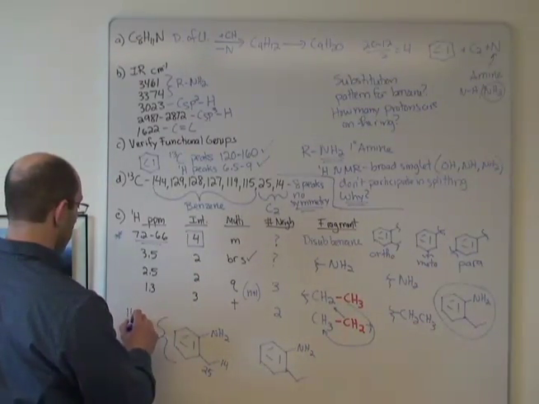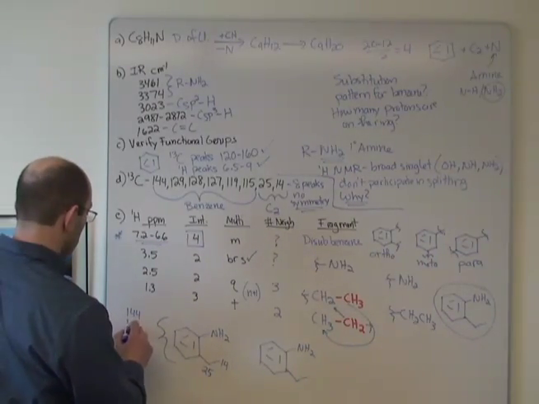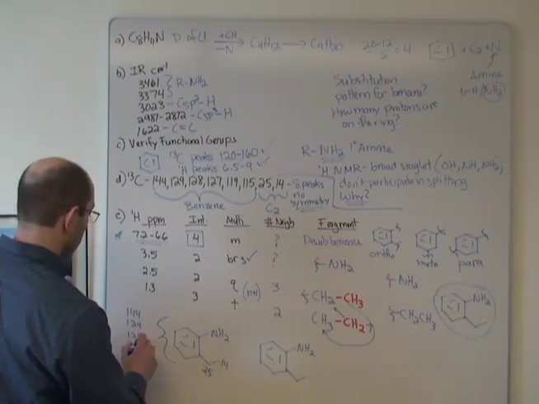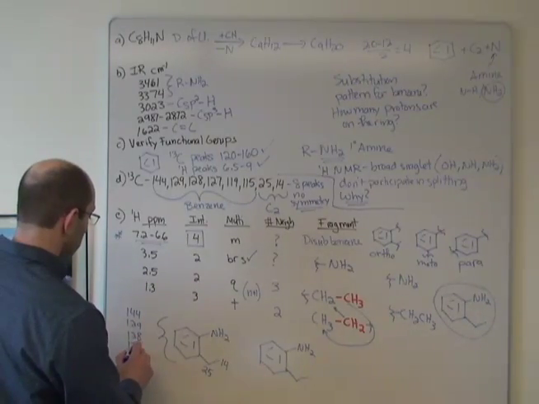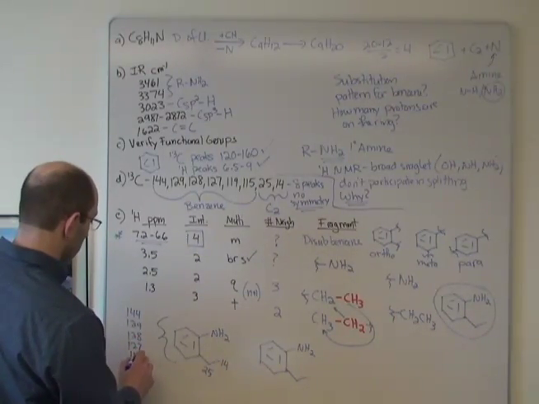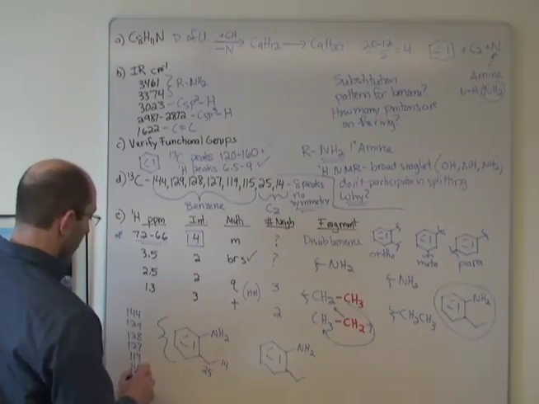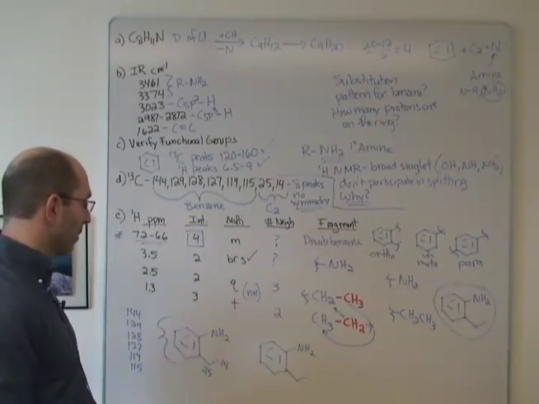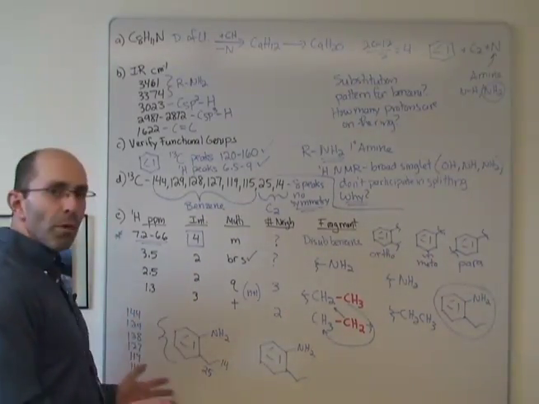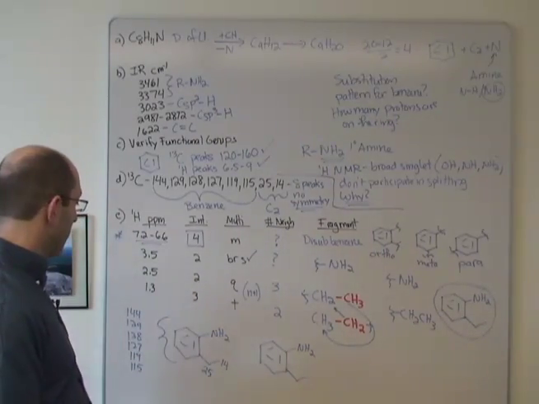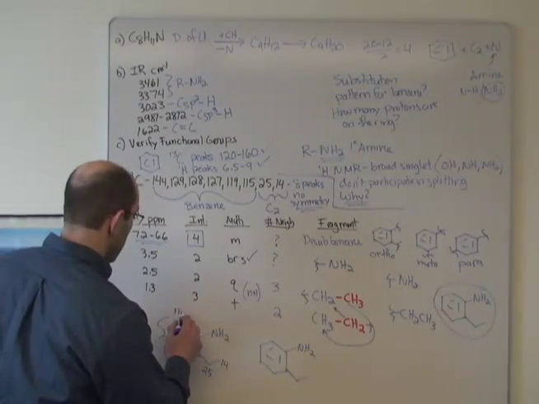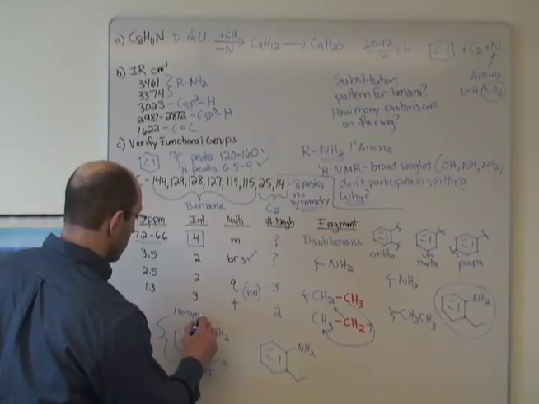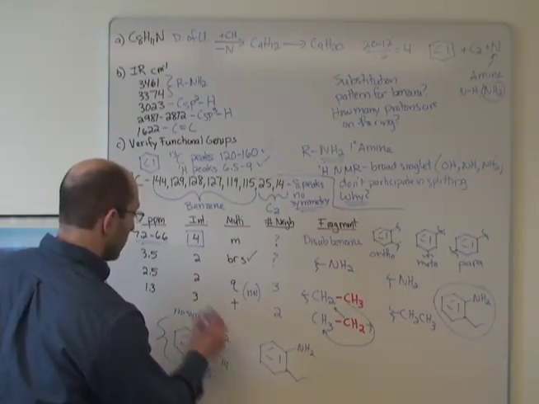We're not going to really worry about where they are, so we'll just write it something like this, so that all 6 of those peaks are coming from the benzene ring. That's fine. So we've written out that this is consistent with the carbon NMR. And again, the key point is that there's no symmetry in that structure.